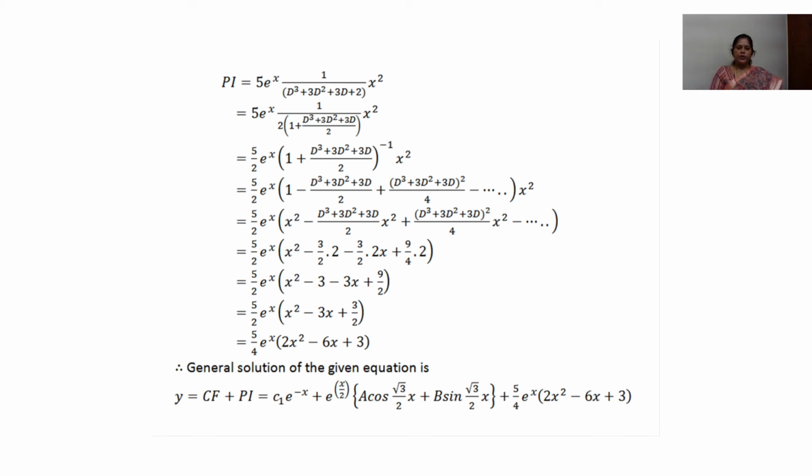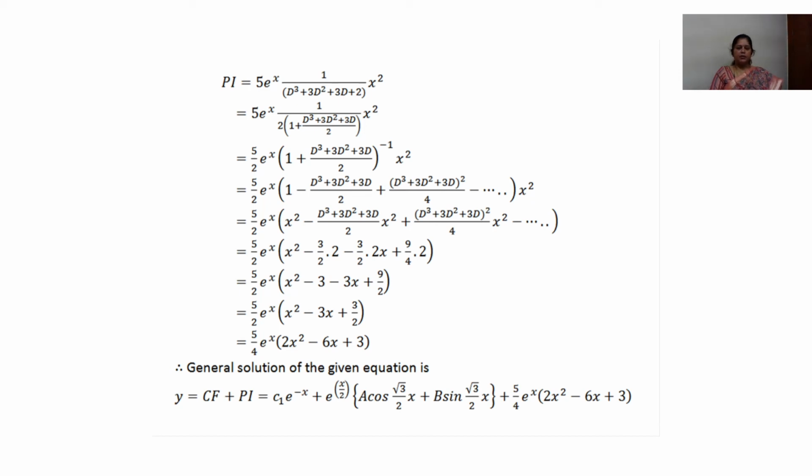So we can differentiate a maximum of 2 times; from the third time onwards the x square becomes 0. So that's why we have to consider only the D square term, D term and constant term. So the first one will be like that only. From the second term we have to take only the D square term and D term. No need to take D cube, because if you differentiate x square 3 times, it becomes 0. That's why we are not going to consider it.